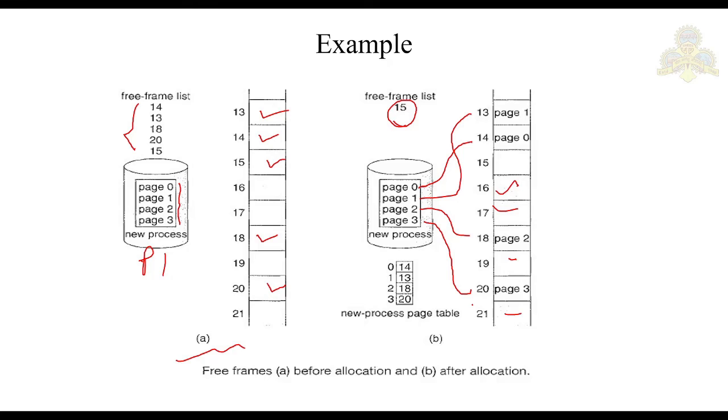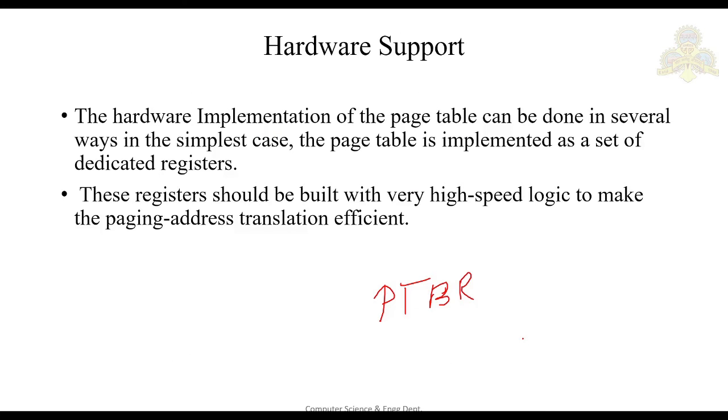So the page table is kept in the main memory, and we have a register called the page table base register, which points to the location where your page table is present inside the main memory. Fine. Now the problem with this approach is the time required to access your memory location.